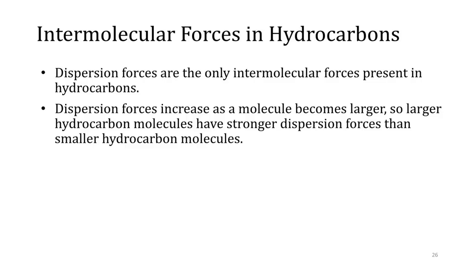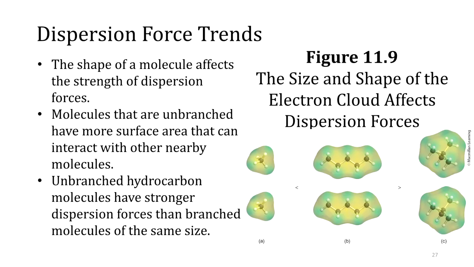And if you want to look at this in a lot more detail, you can go to your textbook and it will discuss intermolecular forces. So now as we just look at the dispersion force trends, not including any other force, just the dispersion force, it turns out that there's a number of factors that affect this. The shape of a molecule affects the strength of dispersion forces.